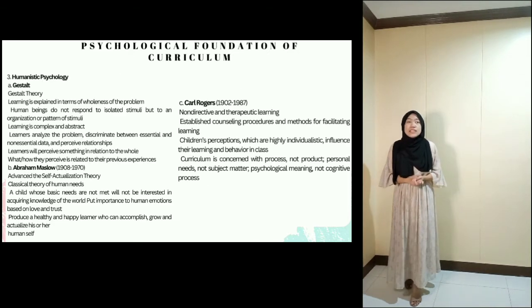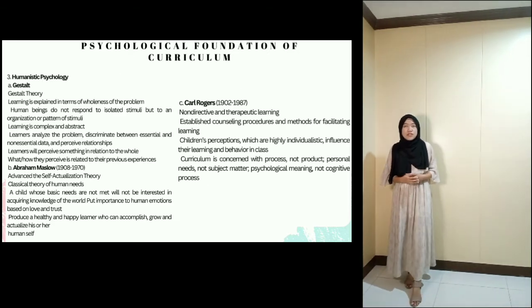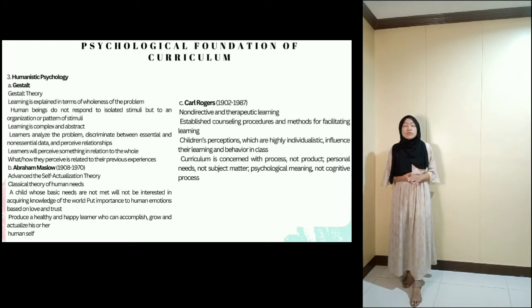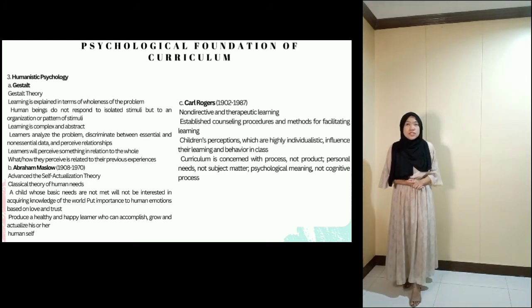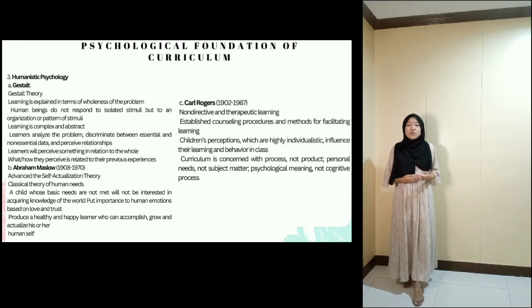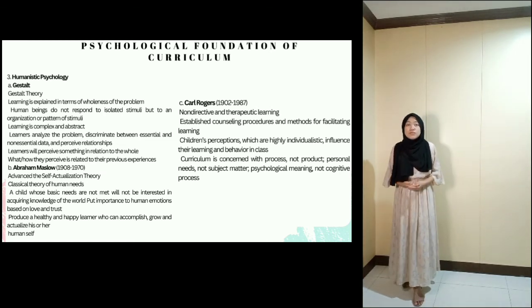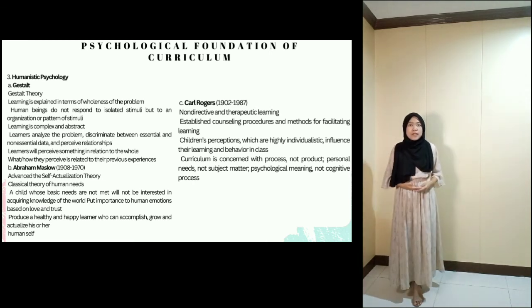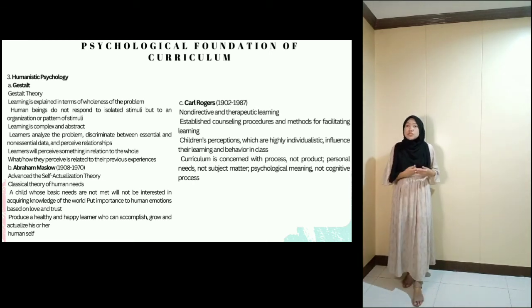Let us now go to the last psychological foundation of curriculum. It is humanistic psychology. Let's talk about the Gestalt theory. In this theory, learning is explained in terms of wholeness of the problem. Human beings do not respond to isolated stimuli, but to an organization or pattern of stimuli, learning complex and abstract.